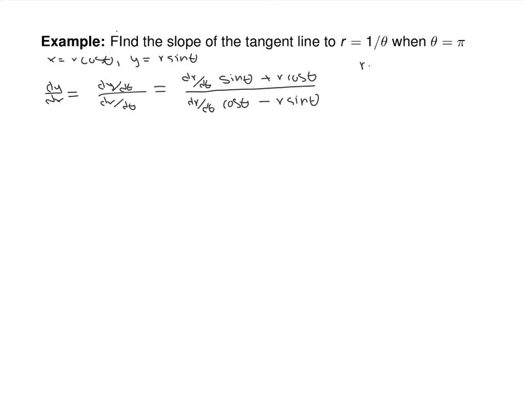And since we have r = 1/theta, or theta to the negative first power, we have that dr/d theta is negative 1 theta to the negative 2.